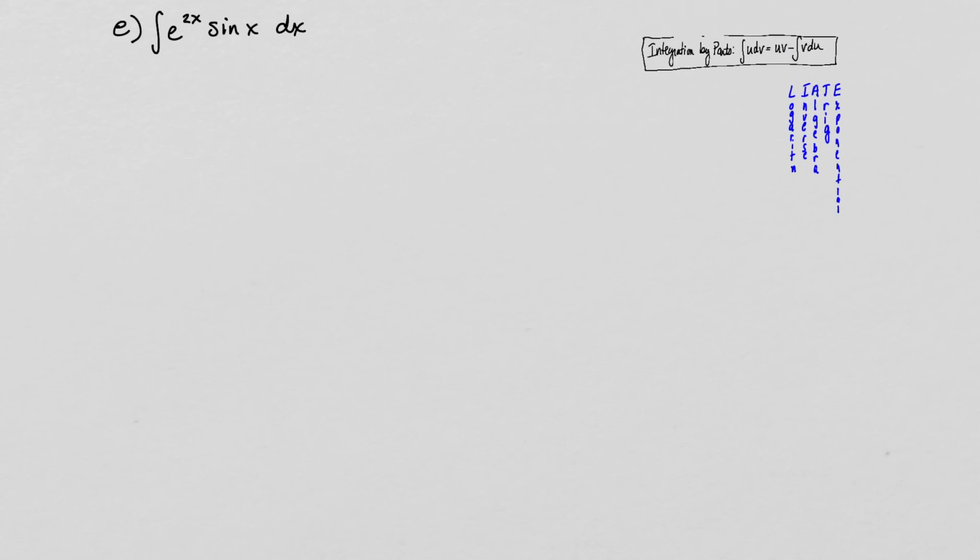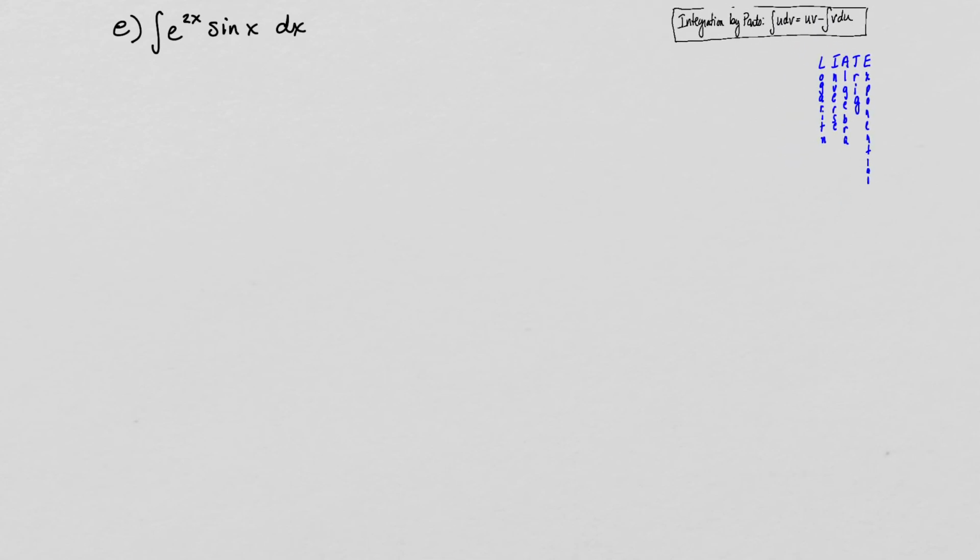So part E is going to be the integral of e to the 2x sine x dx. Okay, and let's see, just paste my thing here in the corner. So again, I don't know how to just integrate this.